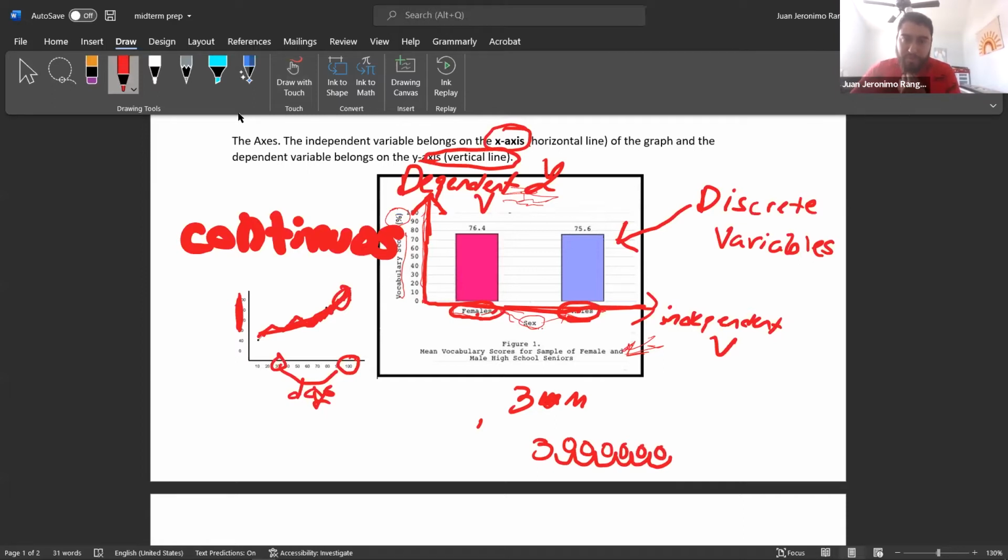So it would be 3 million micrometers. Again, it all depends on where you start.